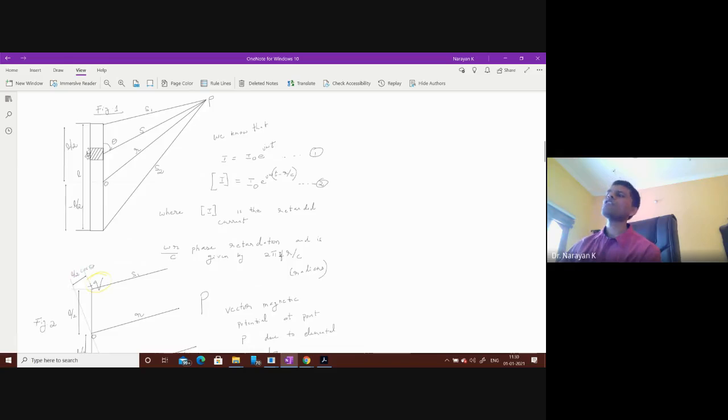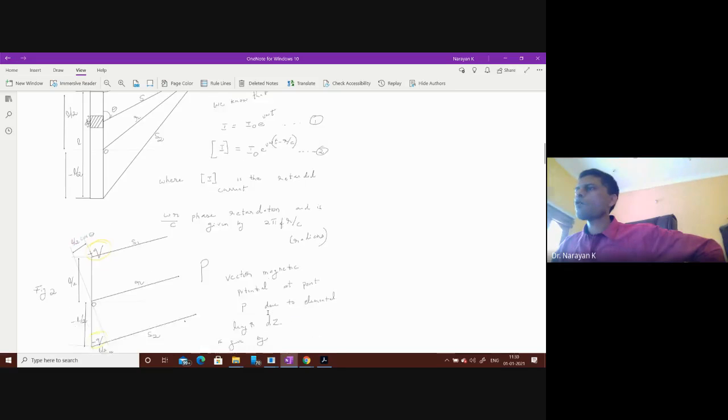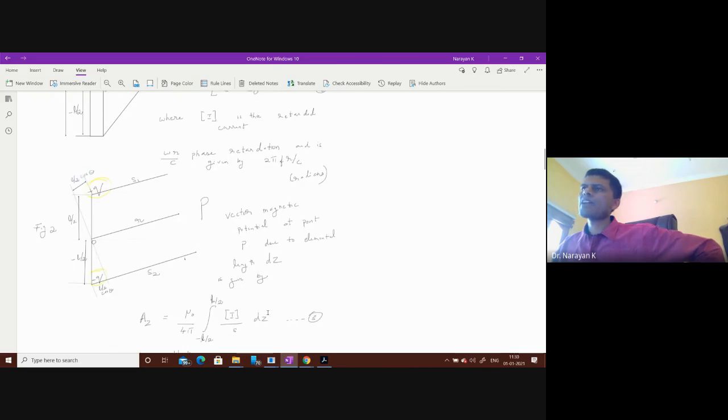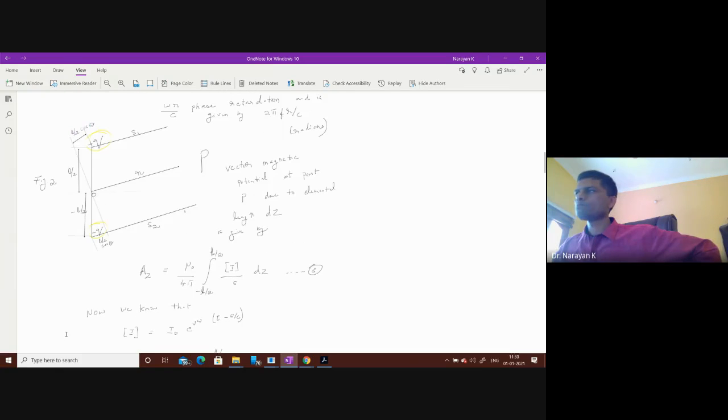We know that I is equal to I naught e raised to the power j omega t, and the retarded current I is equal to I naught e raised to the power j omega (t minus r by c), where omega r by c is nothing but the phase retardation. So as I explained, plus q and minus q charges you are placing on the two ends of the dipole. Then we are defining two major things here: vector magnetic potential and the scalar potential.